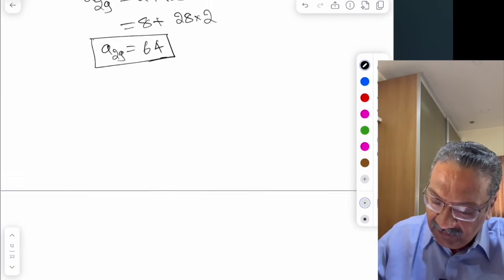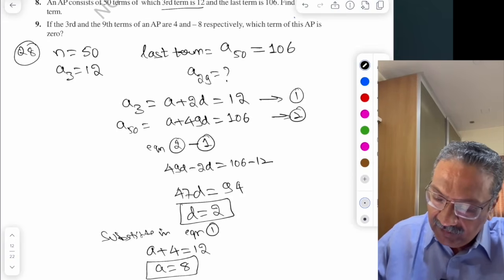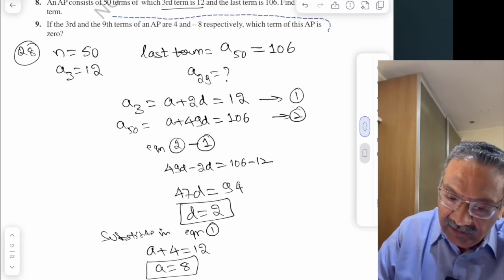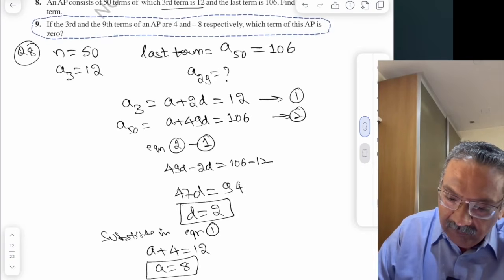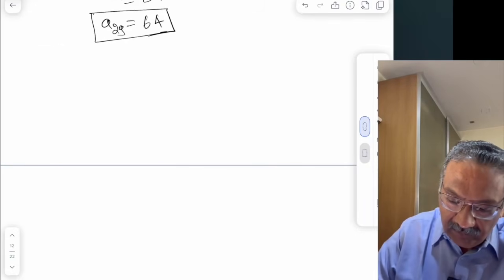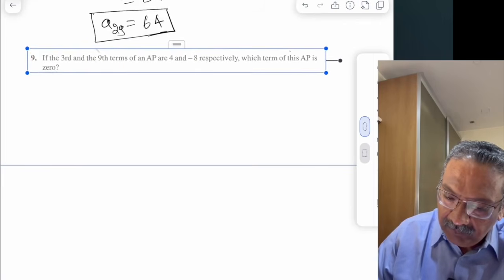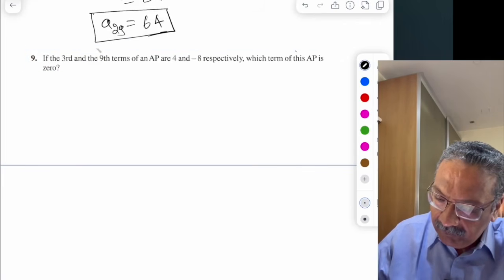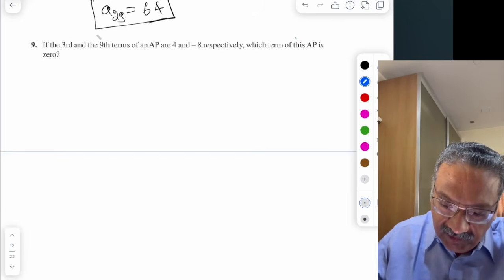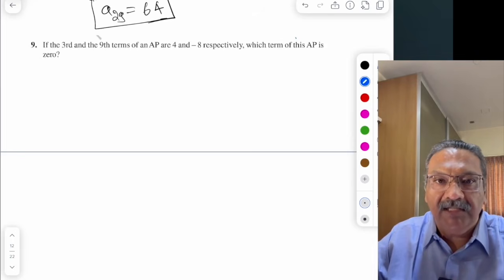Okay, next question is, if the third and ninth term, I will take this separately. If the third and the ninth term of an AP are 4 and minus 8, which term of this AP is 0?